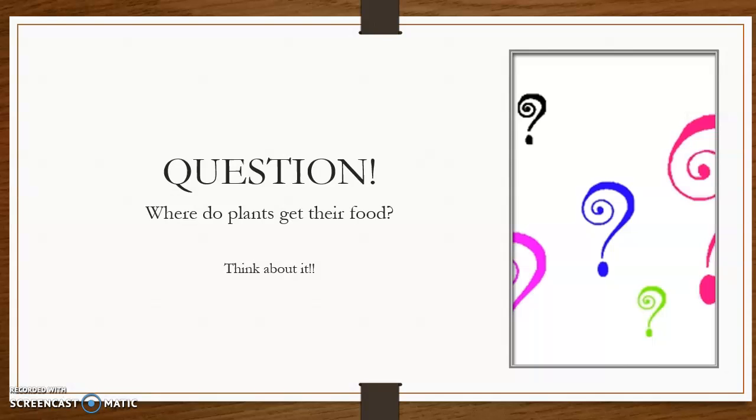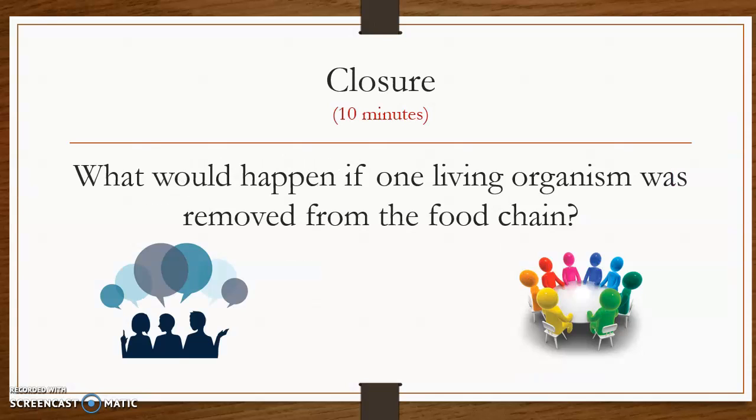Think about the impact that it would have on, for example, in the video, the cows. So I kind of just want y'all to think about what would happen if these organisms were removed from your food chain. Look at your food chain that you drew.